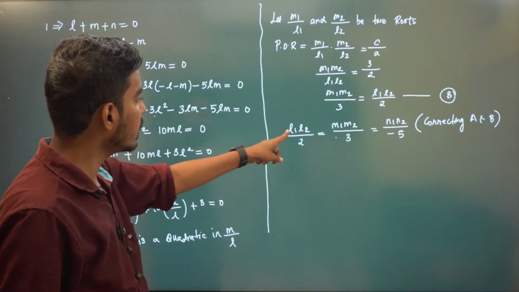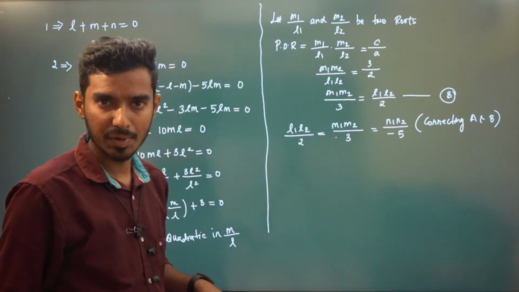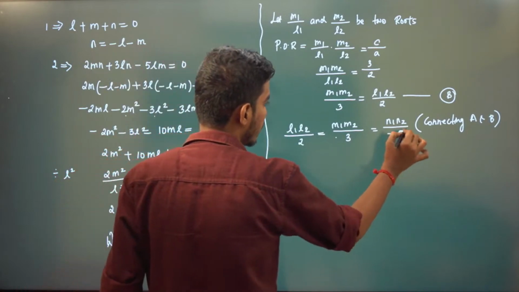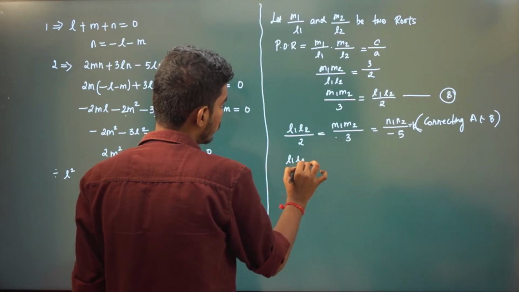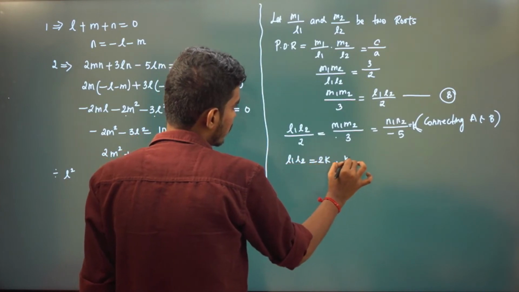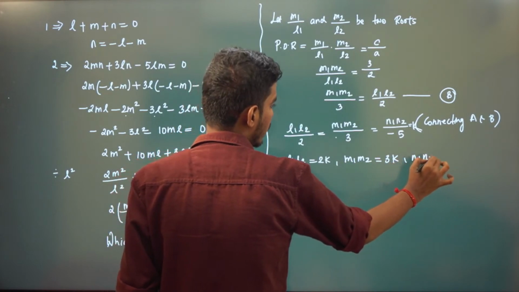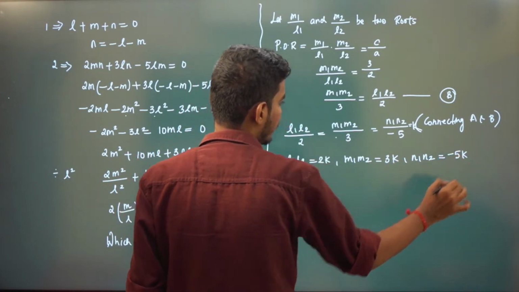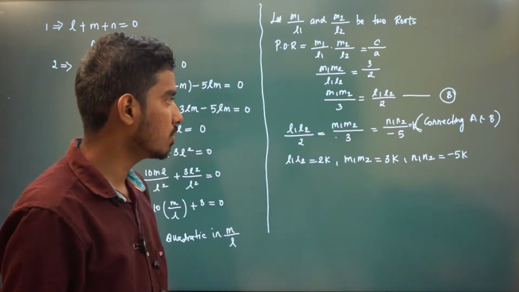So that means L1 L2, M1 M2, N1 N2 are proportional to these three numbers. Let us say all three are equal to some k.